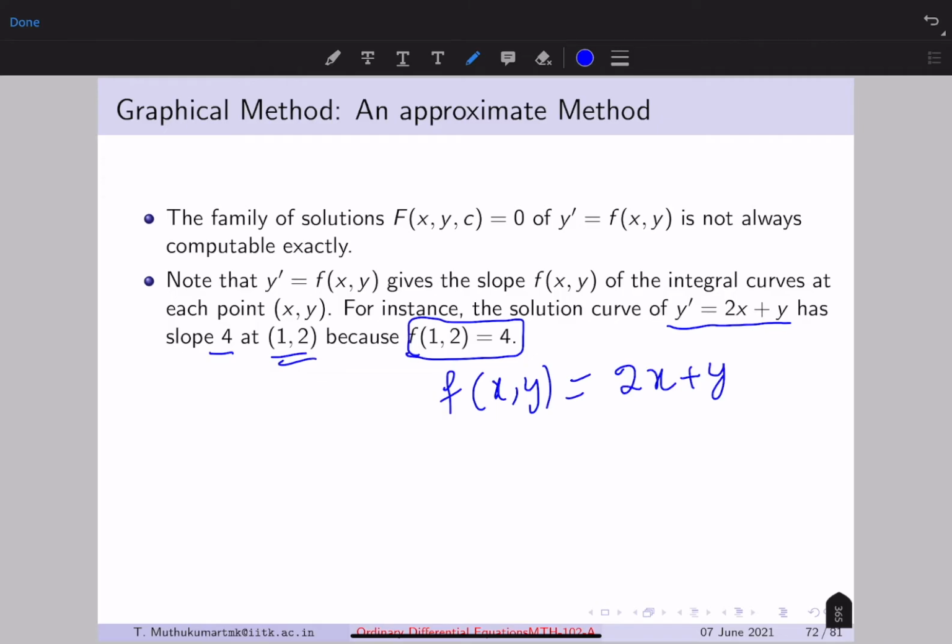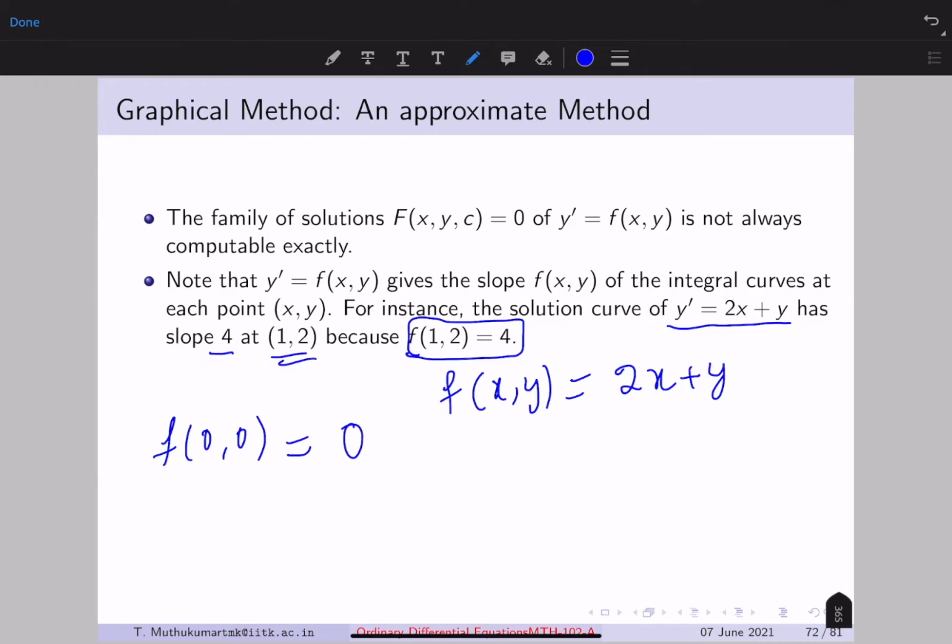In fact, you know the slope at every point here. For instance, let's take the point (0, 0). At (0, 0), x is 0, y is 0, so f(0, 0) is 0. That means at the origin, the slope of the tangent is 0.